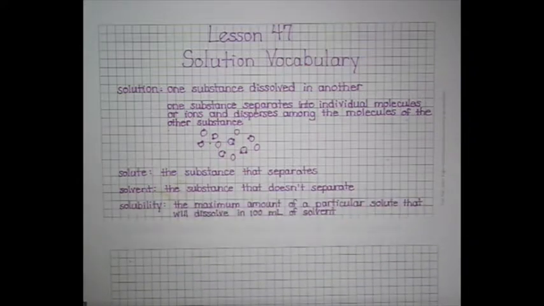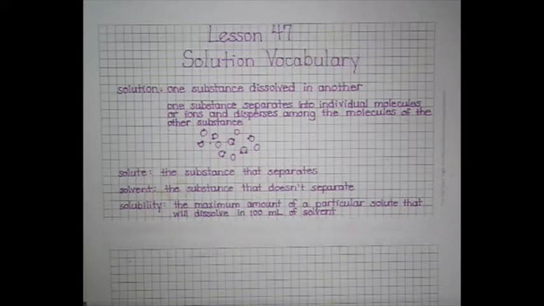Now, there is a limit to how much solute will dissolve in a certain amount of solvent at a certain temperature. And that limit is called the solubility. It's the maximum amount, the maximum number of grams of solute that you can dissolve in a certain amount of solvent, say 100 milliliters. That's a very common amount of solvent for expressing solubility at that particular temperature.